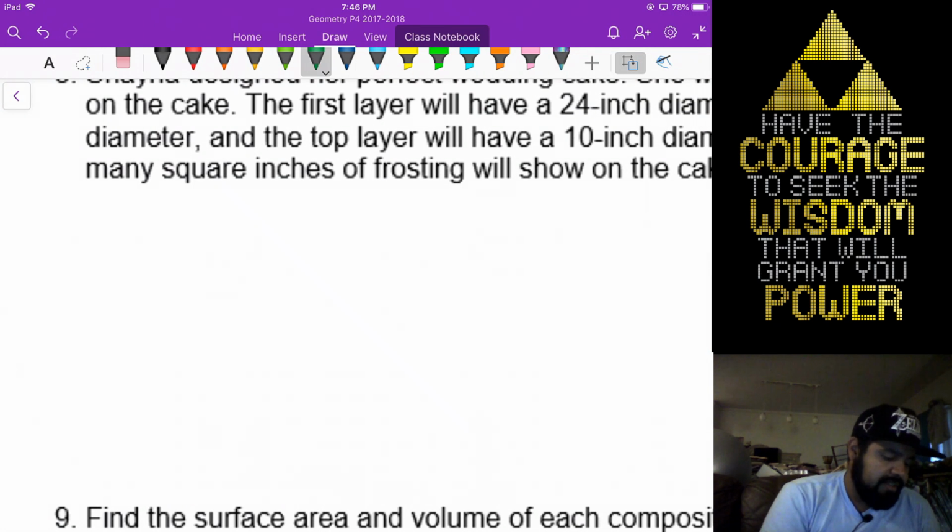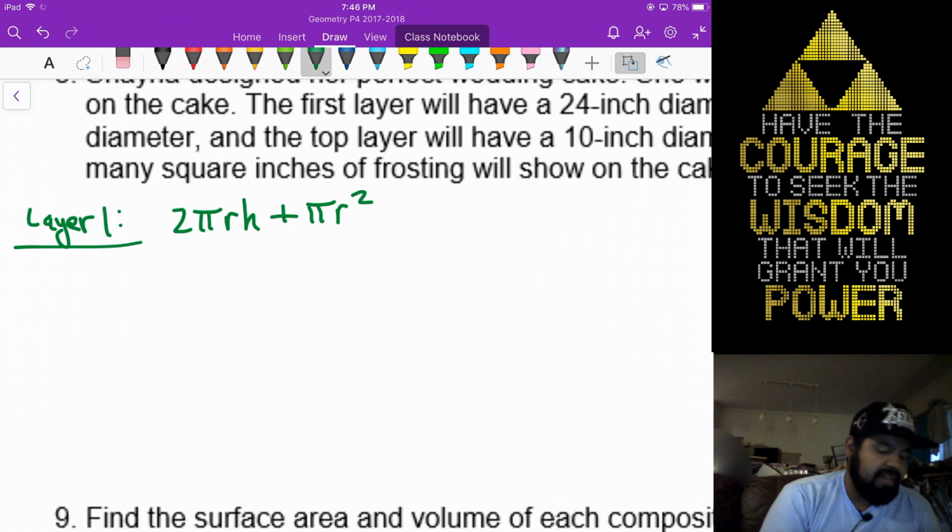Yeah, no problem, Fred. So layer 1, we're going to be using for the lateral area 2 pi RH, and we're adding on the area of the base, which is going to be pi r squared. So right away we have 2 pi 5 times 6.